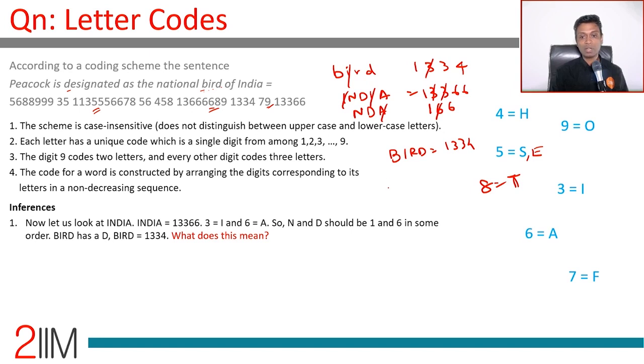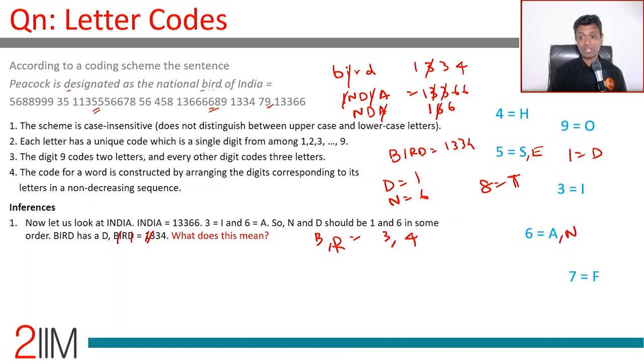Only one is common, so D is 1, N is 6. 6 is A and N. 1 would be equal to D. Fine. So I is 3 and D is 1. So B and R are 3, 4, in some order, we'll have to still figure that out. So far, so good.